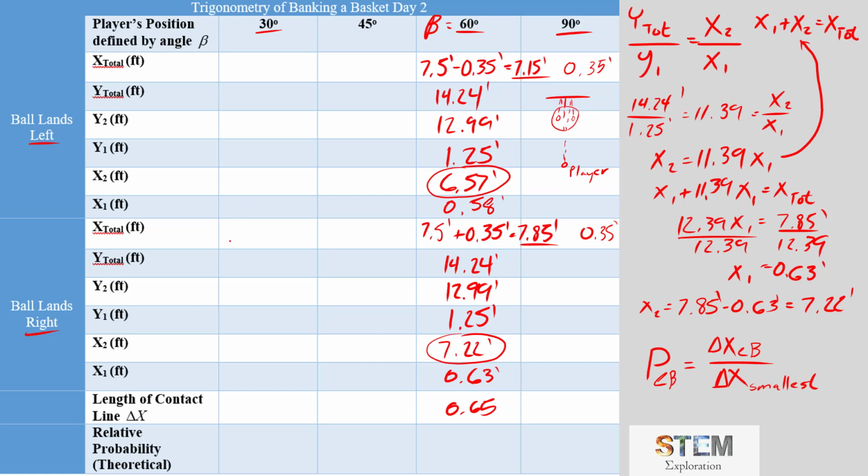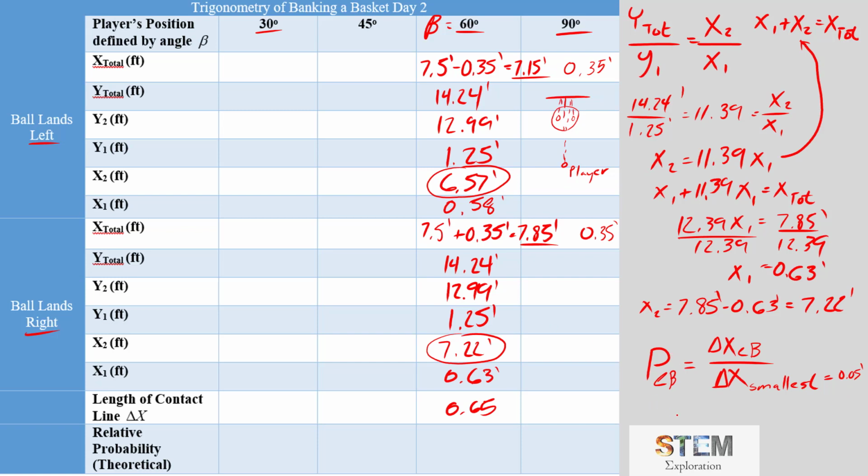And so let me give you an example. This isn't the real value, so don't write this down in your table. But let's say we do this and we find that the length of contact x, the smallest point that you have, let's say is 0.05. And if it was 0.05 feet, that would be a relatively small position.